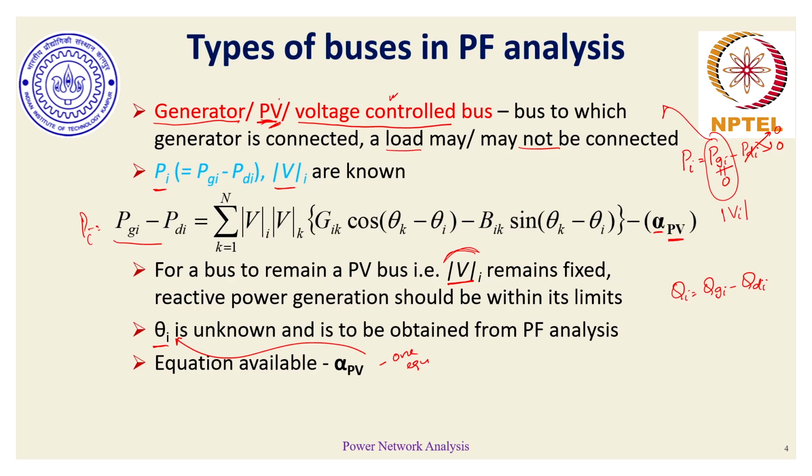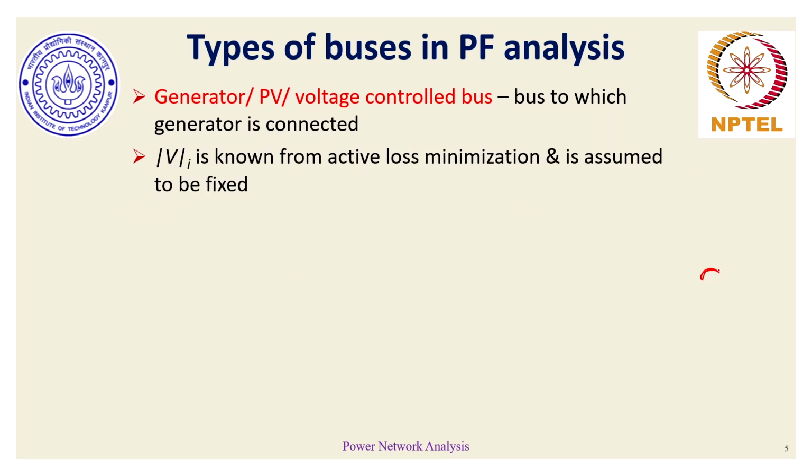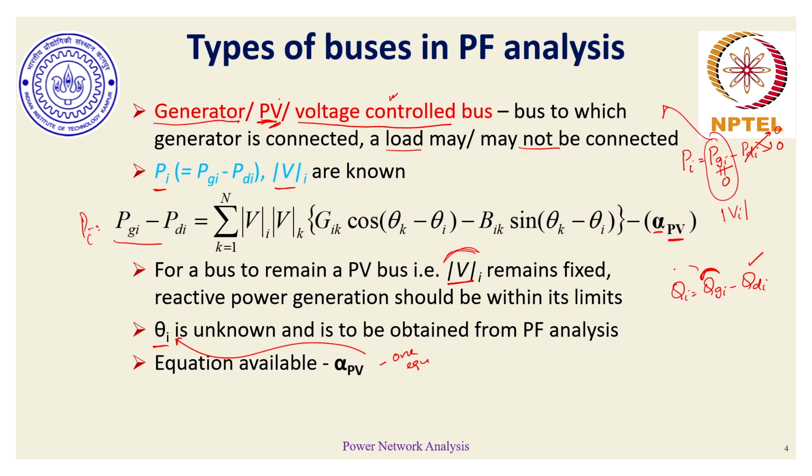The injection can be known only when Q_Di is known from load forecasting, but Q_Gi has to be known, and Q_Gi has to be within a limit. It need not be a fixed number. So how do we ensure that? How do we cater to the reactive power equation? We'll see that in the next slide.